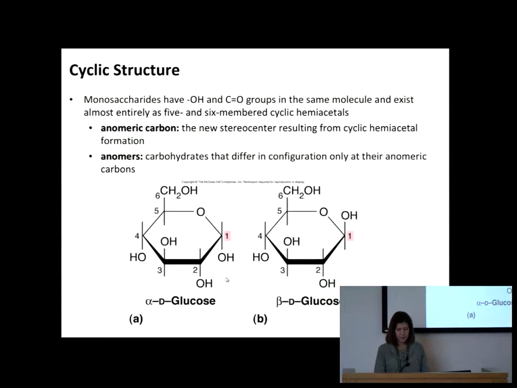So this carbon number 1 is our anomeric carbon. The relationship between alpha, where it's down, and beta, where it's up, is that they're called anomers. So I have the right to ask you, given a structure of a sugar, to identify which carbon is the anomeric carbon.